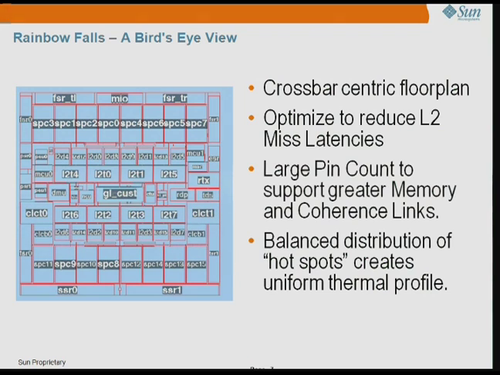So our floor plan is really crossbar, core, L2 cache centric. This is the crossbar. These are 8 Spark cores on top, on bottom, interfacing. The interface is to and from the crossbar for both the L2 cache array and the Spark core. We've kept the path length from the Spark cores to the L2 cache as short as possible.